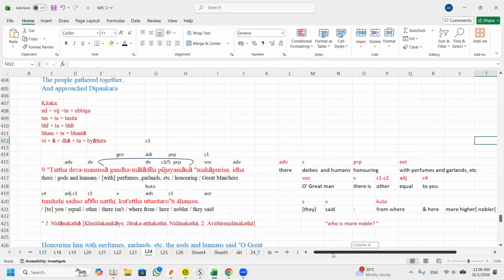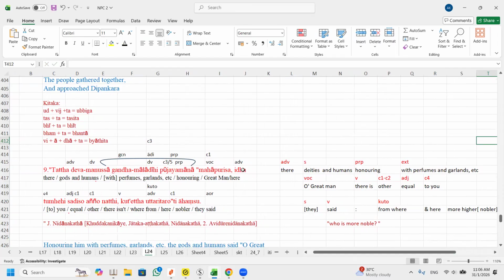Can you see the word ida is technically here. Follow the next line. Can you see this word? Natthi anyo. The moment you see natthi, even though it is a verb, normally what you need to do is say there is.